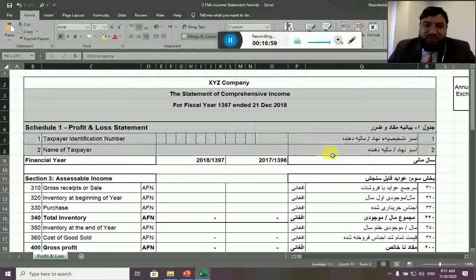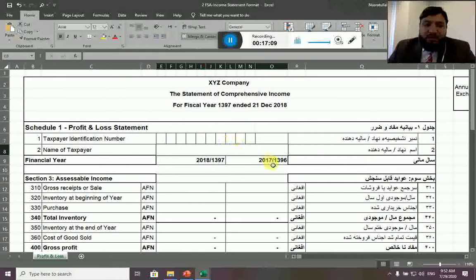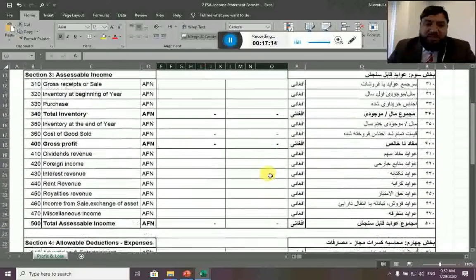So the title starts from here to here. You can see the company name, the statement name, the year, and then the taxpayer identification and taxpayer name.